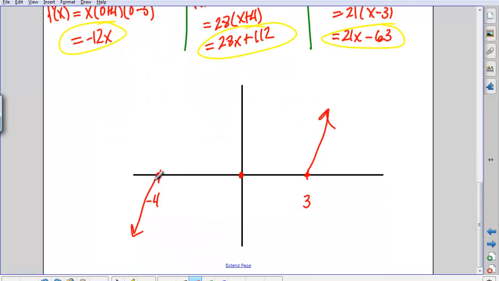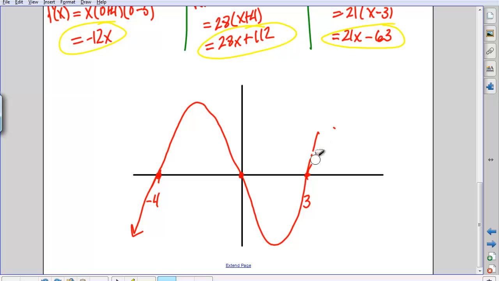So these we could think of them as being something like this. Again, this is just a sketch. I don't expect you to draw an absolutely perfect graph based on that information, but really it's just to get an idea of what the shape of the graph looks like and where the x-intercepts are. Okay.